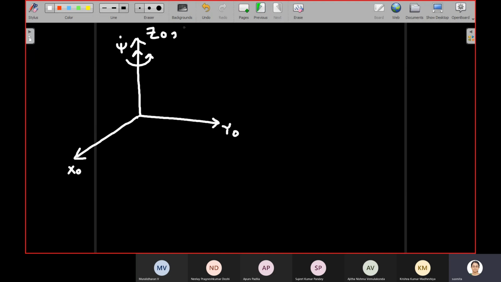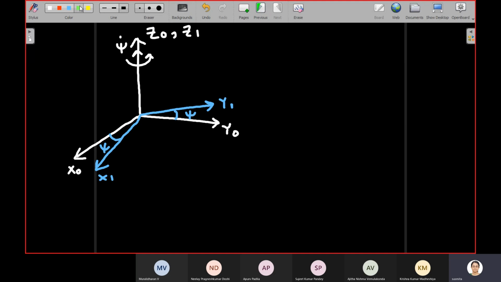Since the rotation is applied about the z-axis, z remains unchanged. After the rotation, x and y will change, so let's use a different color to denote the new x and y. This is y1. Psi. Right.